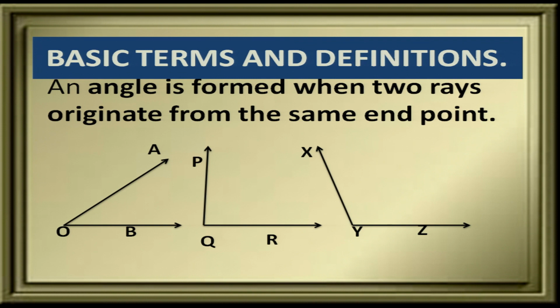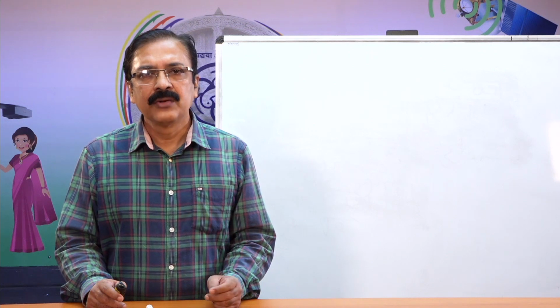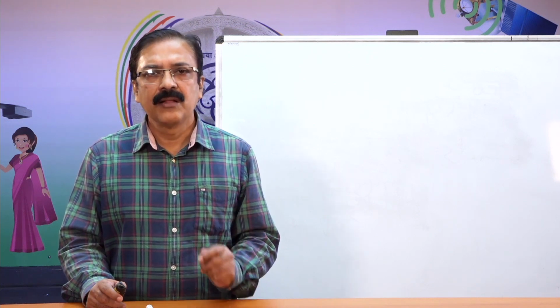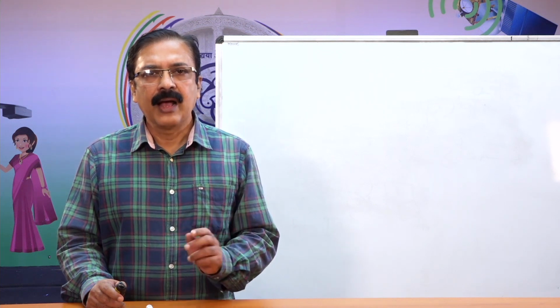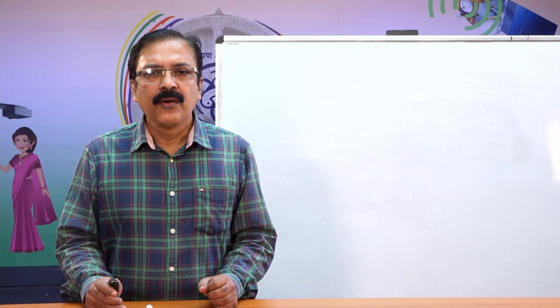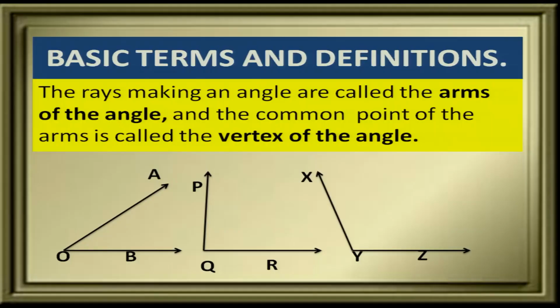So, when we consider these angles, we have to study the naming of an angle. How to name it? When we name an angle, we can name it with a single letter, that is the common origin point. Let's have a look that the rays making an angle are called the arms of the angle.